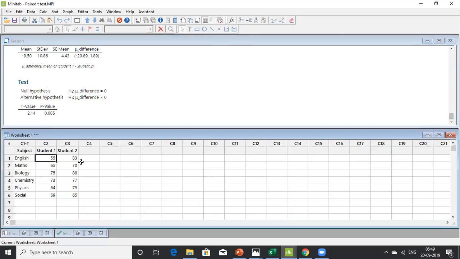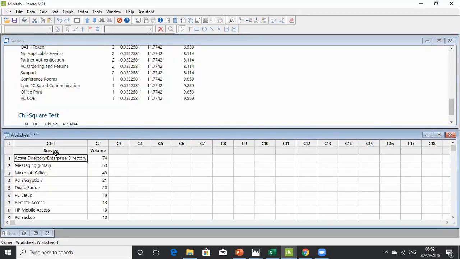Let's say for English, it's 55 and 83. Maths, it's 65 and 70. Biology, 75 and 80. Statistically, it's saying that's not a significant difference to conclude that they are having different marks because of the subject. There's some other issue with this particular student.